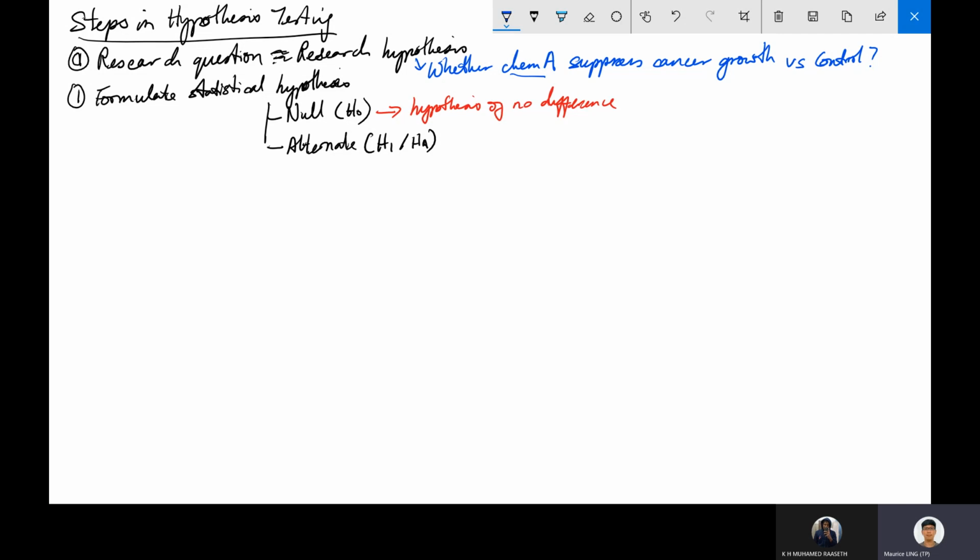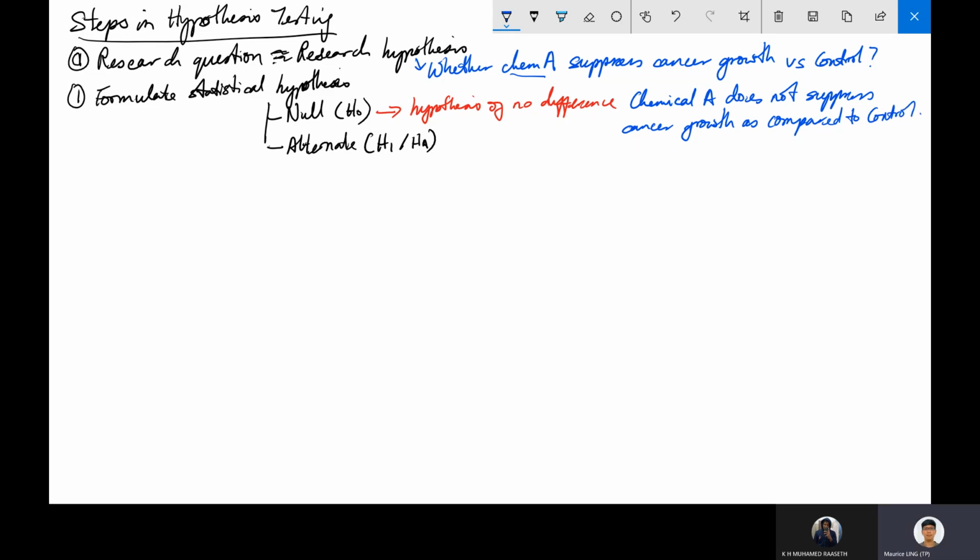So your null hypothesis is then that there's no difference, which means that chemical A does not suppress the cancer growth as compared to control.